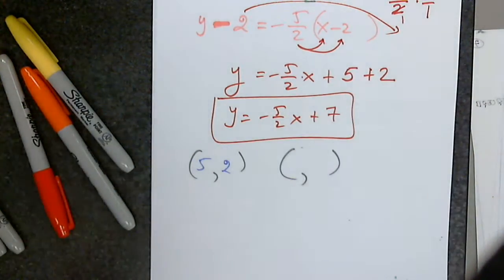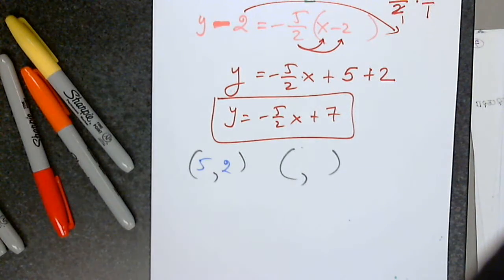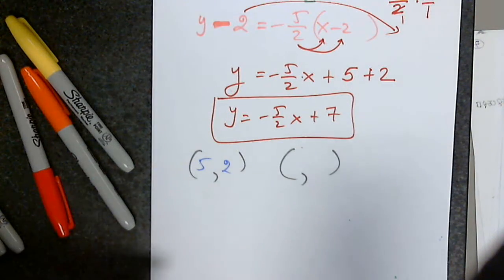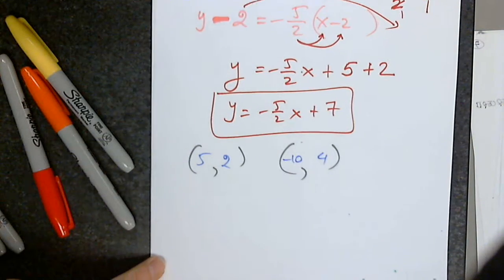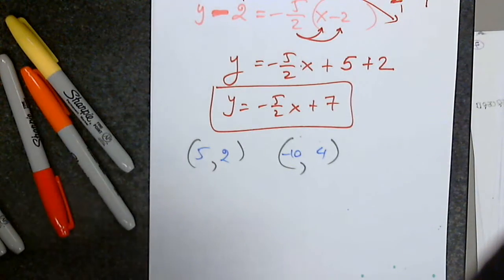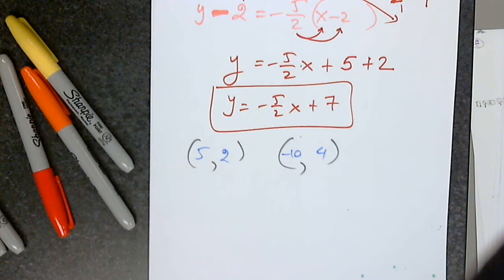And also give me some negative in there. Negative 10, 4. Very good. So let's practice this. 1 minute. So what is the first thing you're going to do? Please label the points.